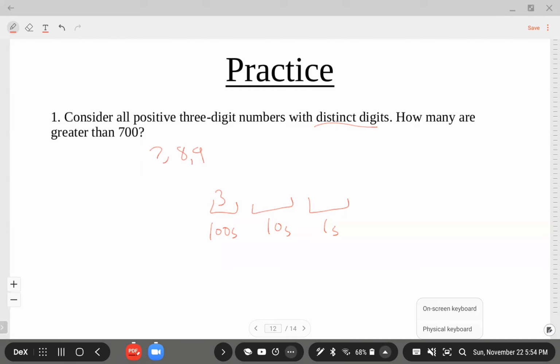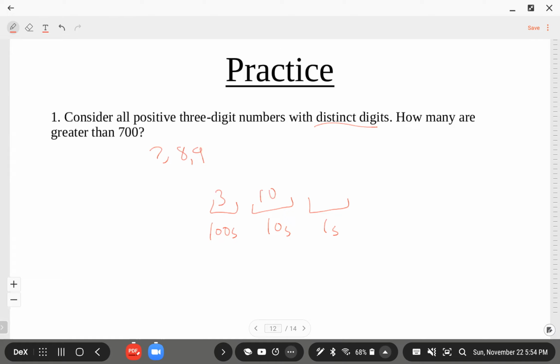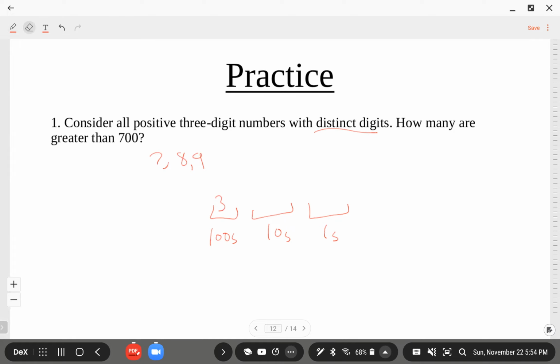You have 3 possibilities. What about the tens digit? We're supposed to have 10 possibilities, but that's incorrect. Why? Each digit has to be different. That's why we're going to subtract one number from 10, because we already used that number. So it's going to be 9.